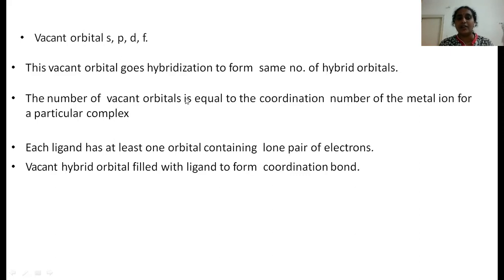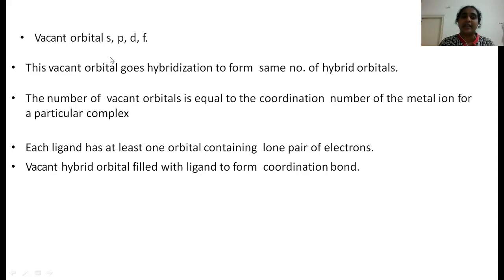If the number of vacant orbitals is 6, then the coordination number is 6. Each ligand donates at least one lone pair of electrons to the metal. The vacant hybrid orbitals are filled by the ligand to form the coordination bond. So while forming the complex, the metal is the acceptor, whereas the ligand is the donor.